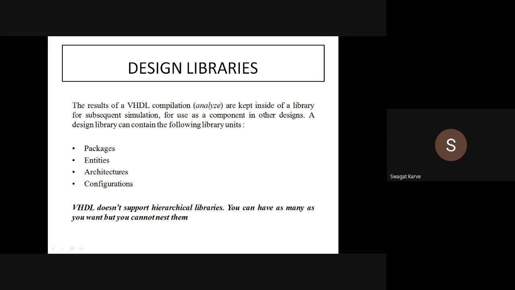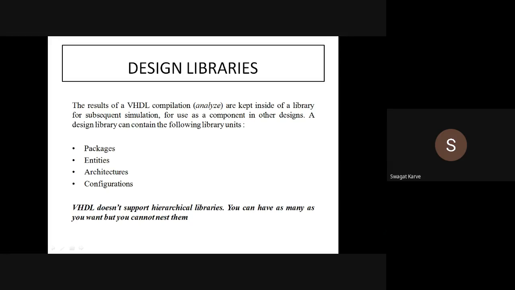Understood the meaning of this statement? VHDL does not support hierarchical libraries, but you can use many libraries, but you cannot nest them. That means VHDL doesn't have its own library, but you can use many libraries in it.